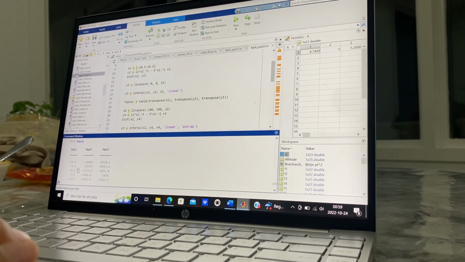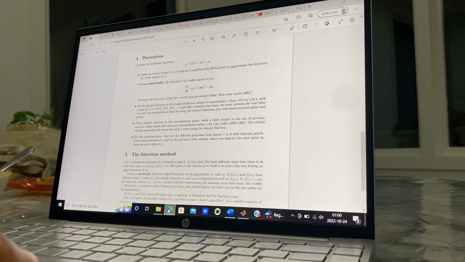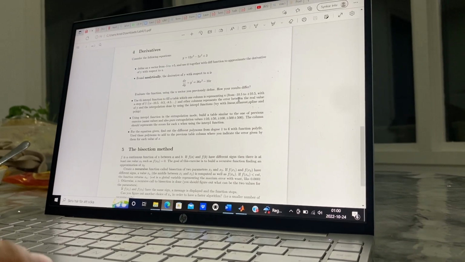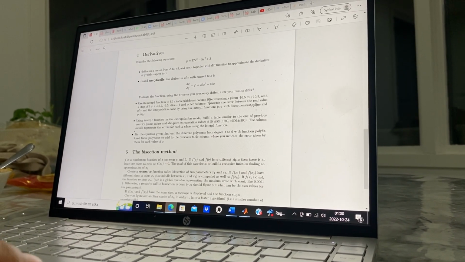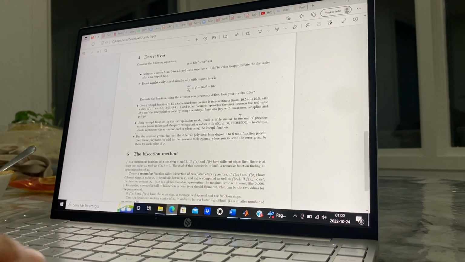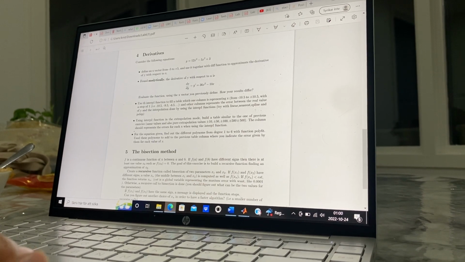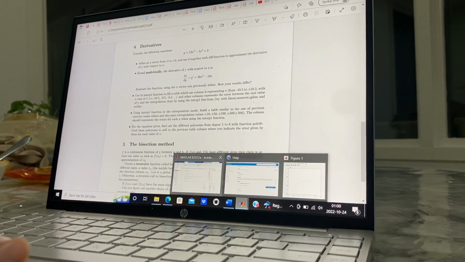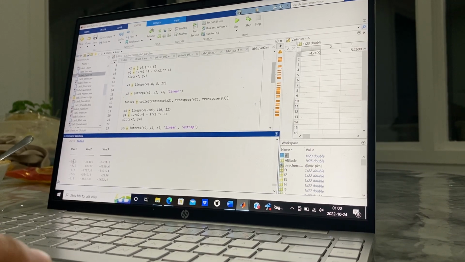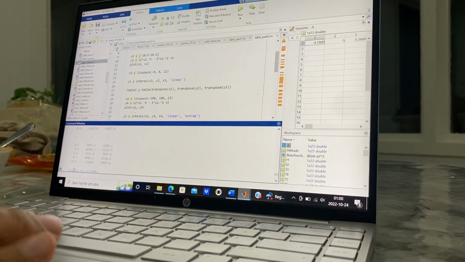You can see in the first column, as it said here, representing the x from -10.5 to +10.5, and the other columns represent the error between the real value and the interpolation done by using the interp1 function. This is the x values from minus 10.5 to plus 10.5.